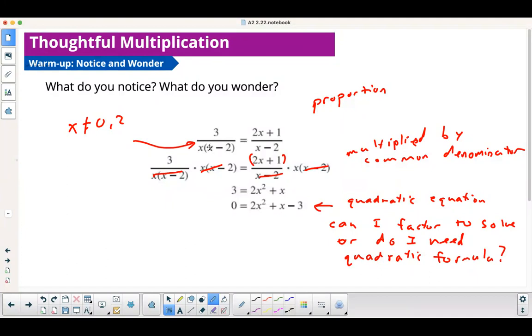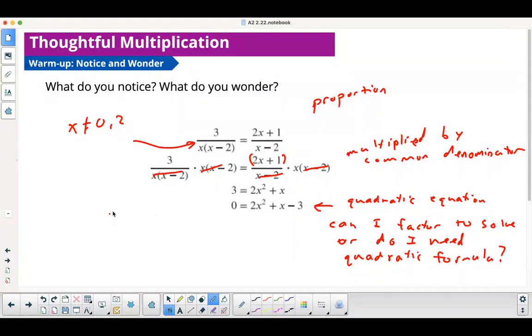Why? Because if I plug 0 in here, 0 times negative 2 is 0, so you can't divide by 0. If I plug in 2, 2 minus 2 is 0, so 0 times 2 is also 0. So that's another notice.